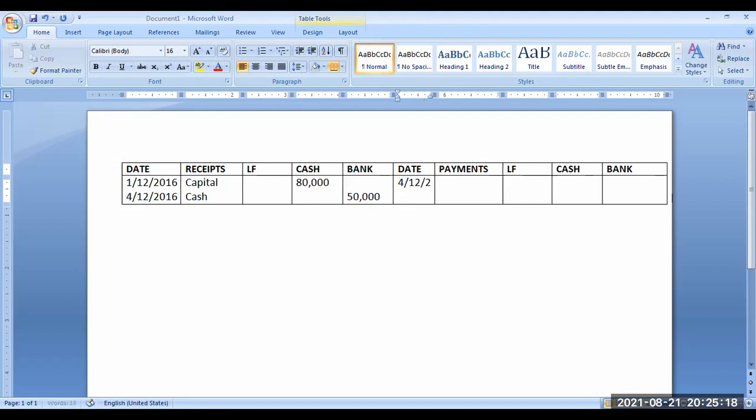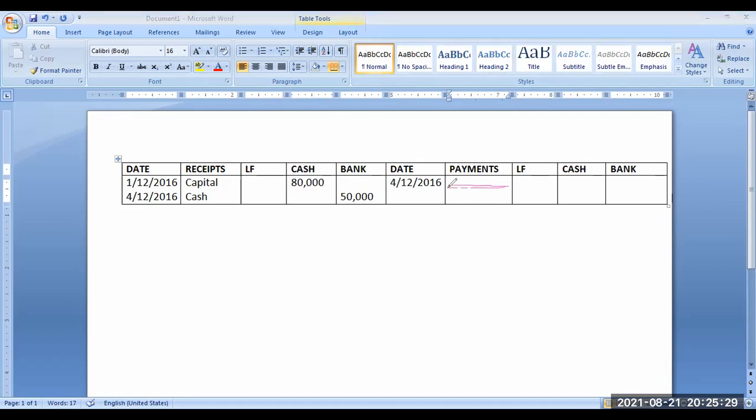Same, the date you are going to mention. Here what you will mention? Bank. Very good. Here you mentioned cash, so here you have to mention bank. Here you will write C. C stands for contra entry.